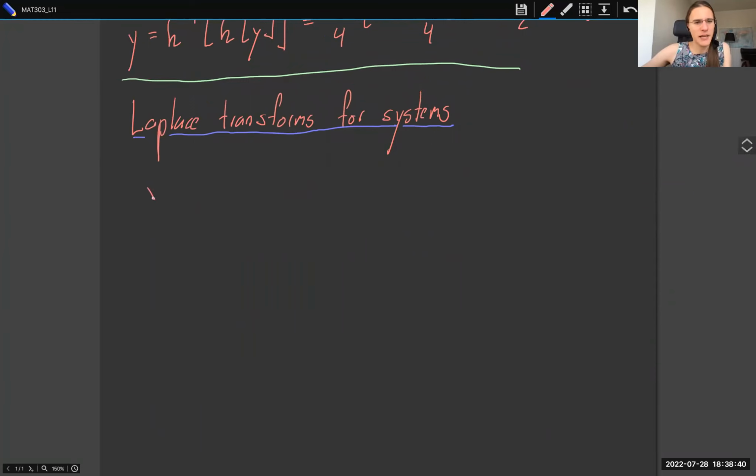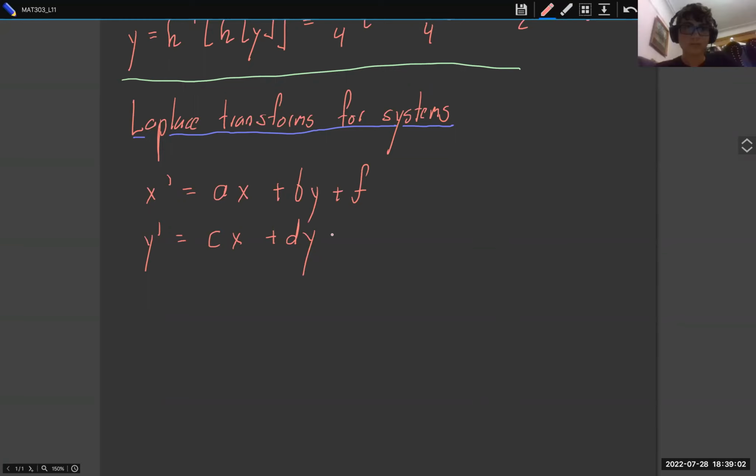Suppose that you have a 2x2 system, like x prime is equal to a x plus b y plus f, and y prime is equal to c x plus d y plus g, and these are both functions of t.